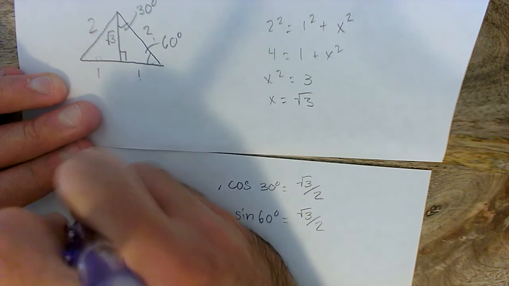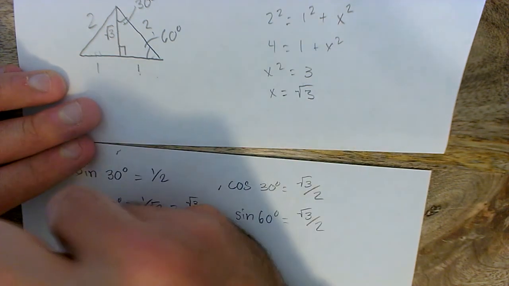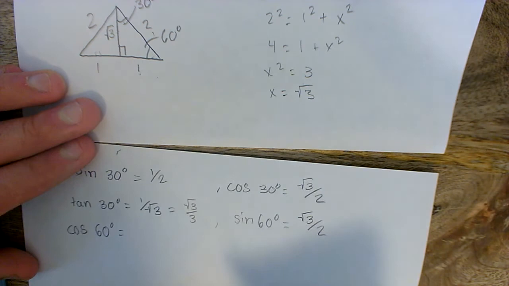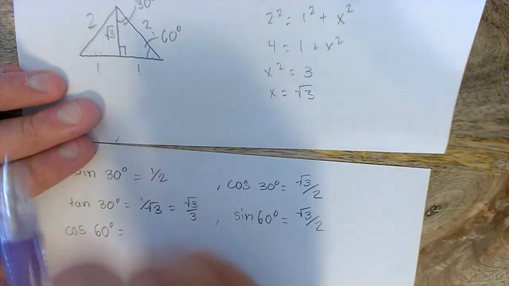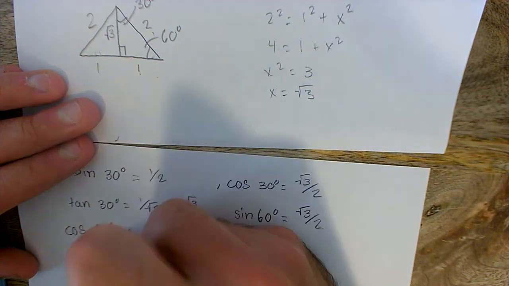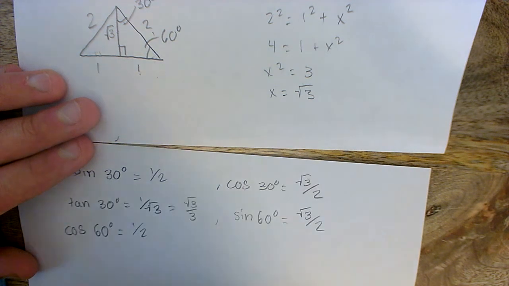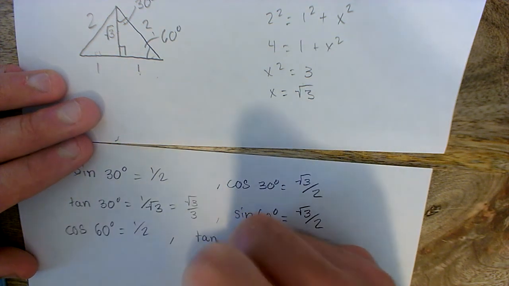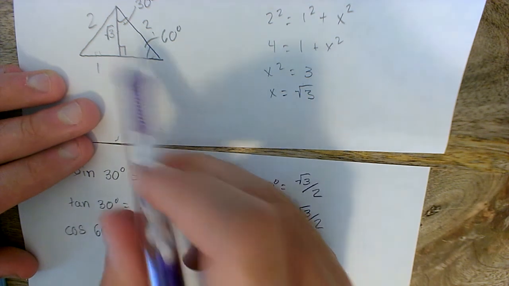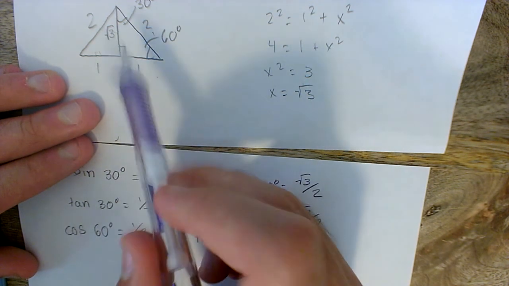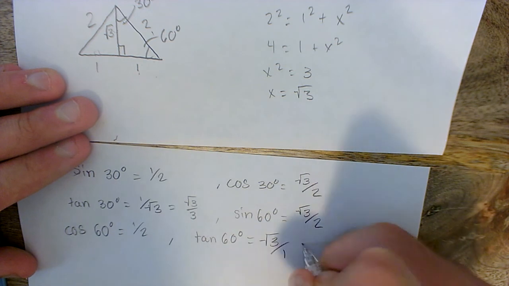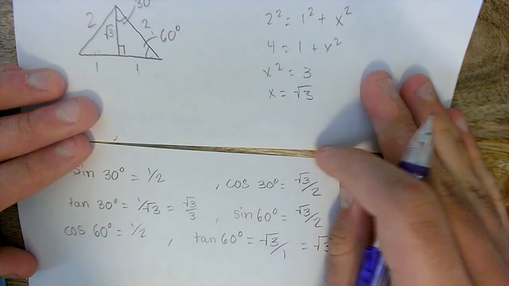Cosine of 60 degrees, if we look at the 60 degree angle, is the adjacent over the hypotenuse, so it's 1/2. And then tangent of 60 degrees is equal to opposite over adjacent, so square root of 3 over 1, or square root of 3.